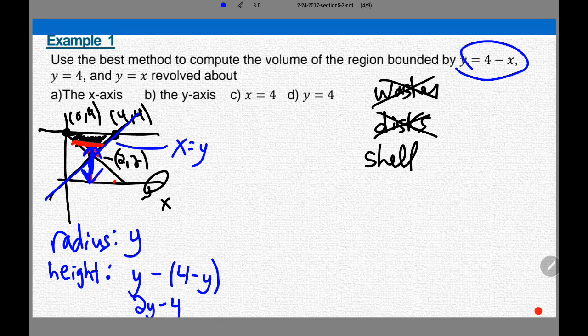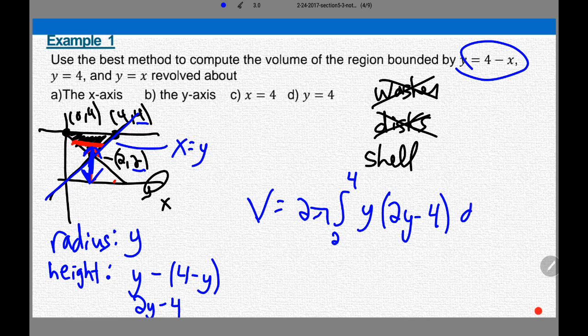And my volume integral is going to look like this. We've got 2 pi. I'm going from 2 up to 4. I've got my radius being y, and I've got my height being 2y minus 4, and I'm integrating with respect to y. Alright, so we'll go ahead and distribute that y in, and we get 2y squared minus 4y dy.